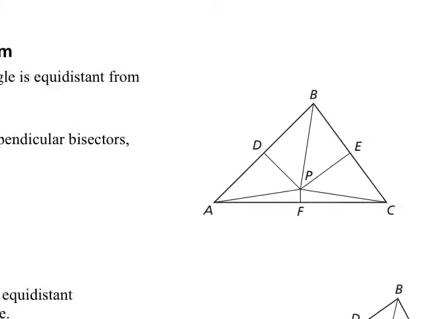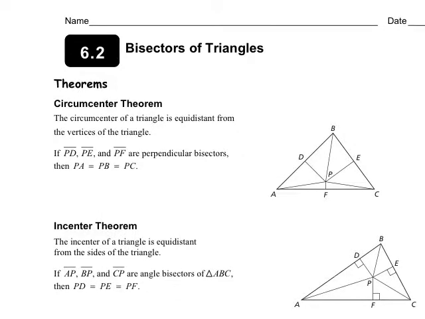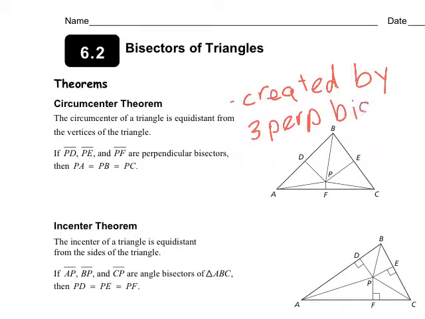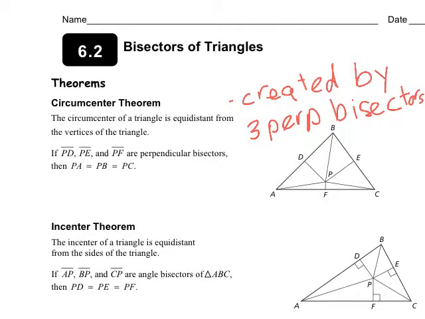So it's created by three perpendicular bisectors. You might want to put that up here: circumcenter is created by three perpendicular bisectors.